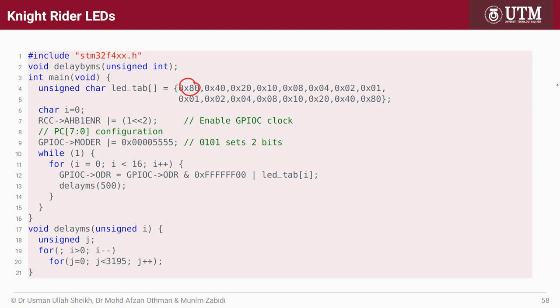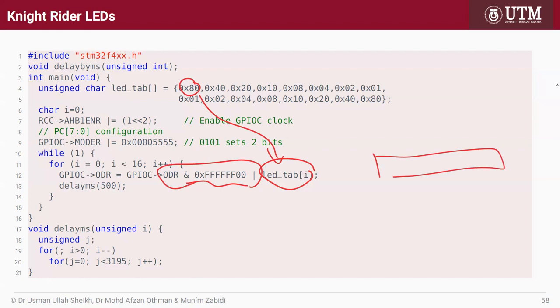First you put 80, so it will replace here. Then we have to do this fancy stuff because we don't want to change all the other bits. You take this value from the table and OR it with this expression. If your register is large like that, this part you don't touch.